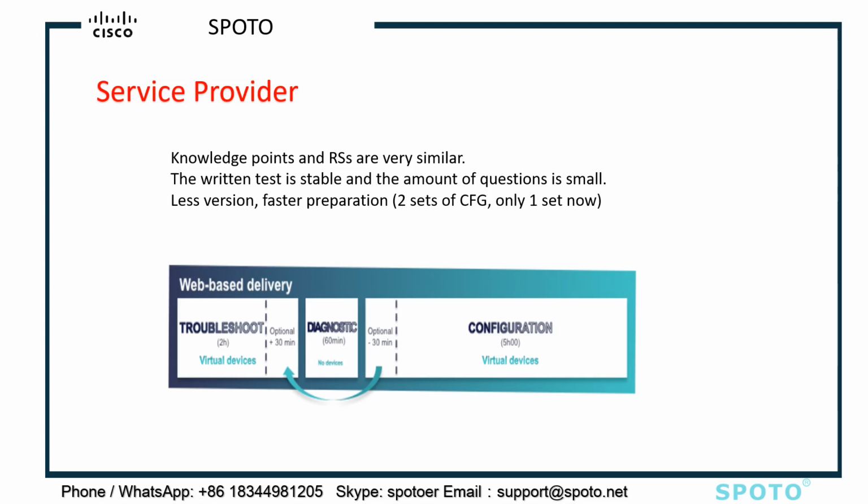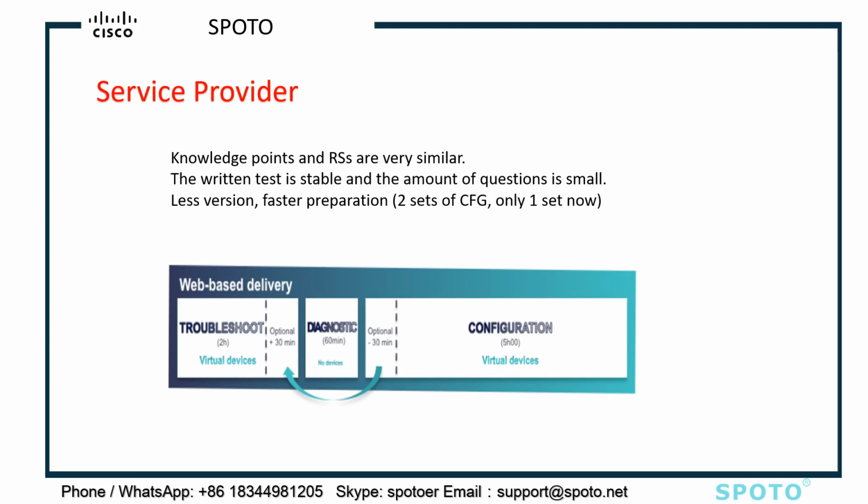And also, why I suggest you get this certificate is because the written test is stable and the number of questions is small. Maybe the number of questions is just 200, but for the CCIE routing and switch maybe it's 1000. So the amount for the SP is very small.